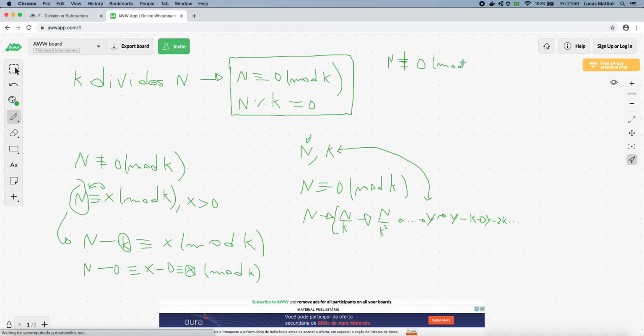In this case, we will only do n minus k operations until the end. So this is case 1. Case 2 is n is a multiple of k.